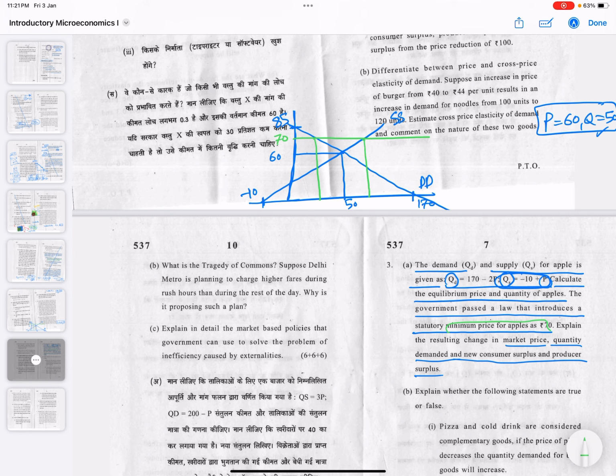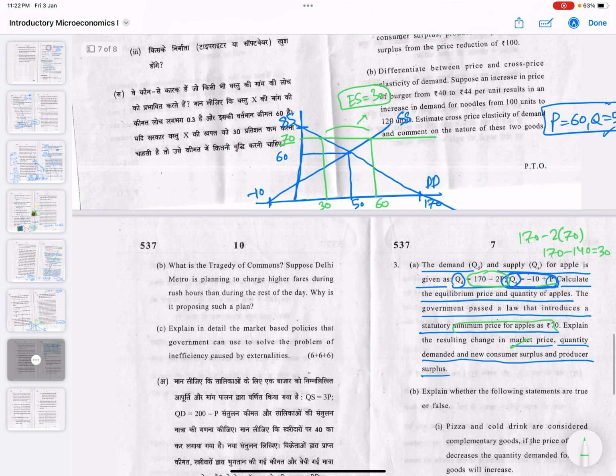So the quantity demanded, putting the price 70 here, is 170 minus 2 into 70. So this is 170 minus 140, which is 30. So the quantity demanded is 30, whereas the quantity supplied is minus 10 plus 70, which is 60. So there would be an excess supply of 30 units. Okay. So the market price is coming out to be 70.